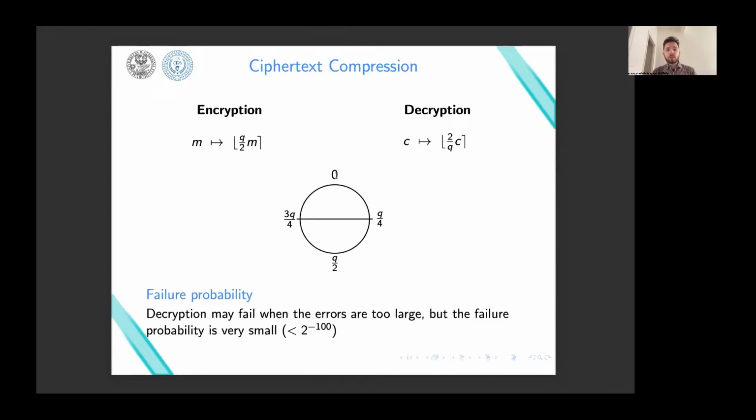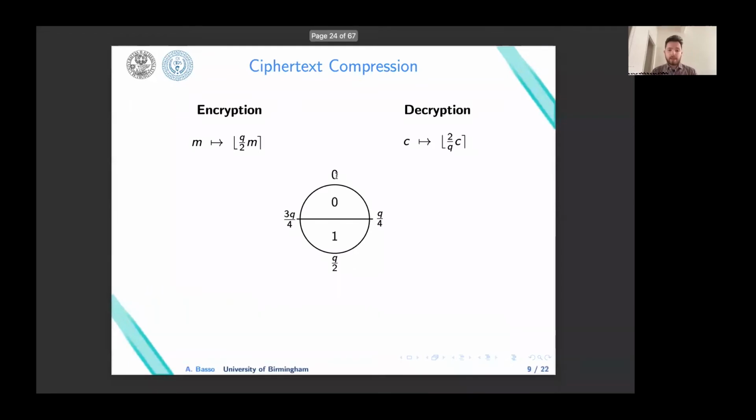And what we're doing is splitting this space into 2, and during decryption, we just look at whether the received encrypted value is closer to Q over 2 or closer to 0. If it's close to 0, then we decrypt it as 0. And if it's closer to Q over 2, we decrypt it to 1. And this allows us to get rid of that small difference between V and V prime that I mentioned before.